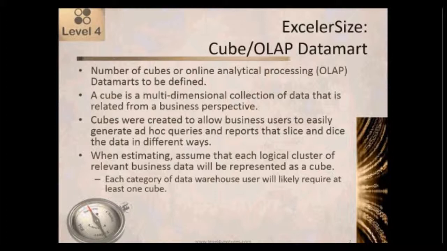If your financial folks are going to be accessing the data warehouse, they'll probably want at least one cube. So even before the design is done and you know how many cubes there are, you can look at the number of logical clusters of data, the number of users that are out there, and make kind of an educated guess about the number of cubes that will be required.